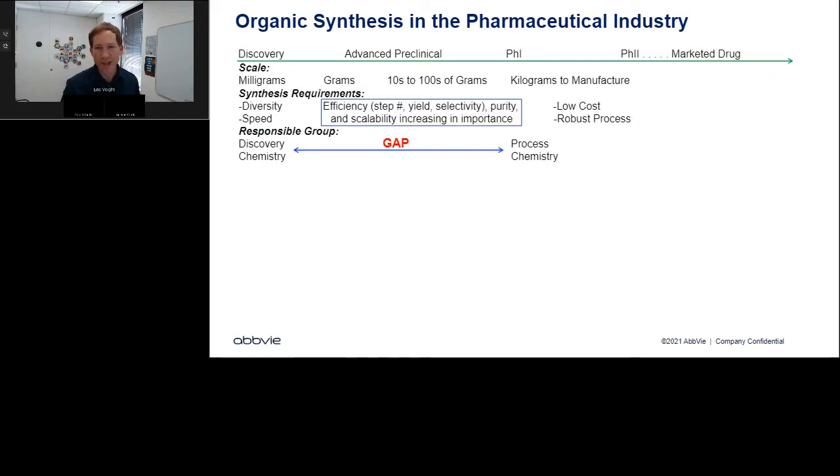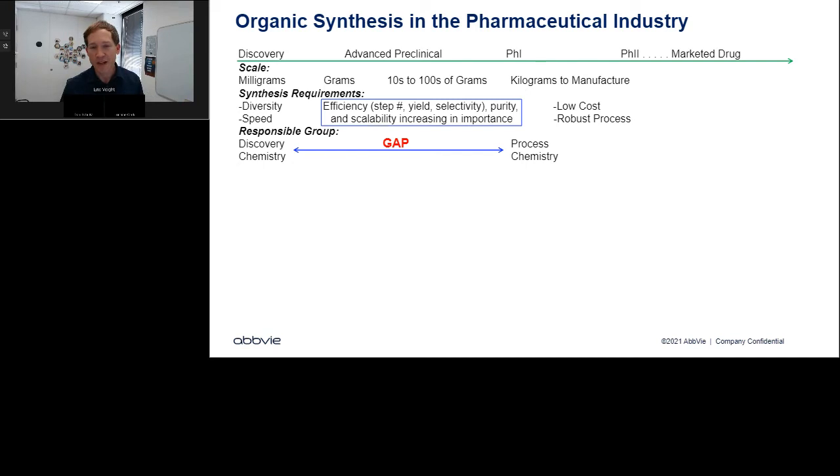So looking at the continuum of a pipeline to discover drugs and bring them to patients, organic synthesis is an important part of this entire continuum. So here, I just have demonstrated on a timeline discovery, advanced preclinical, and then various stages of development. And along this continuum, you go from needing milligrams or even nanograms of material to really needing a long-term supply of the drug substance.